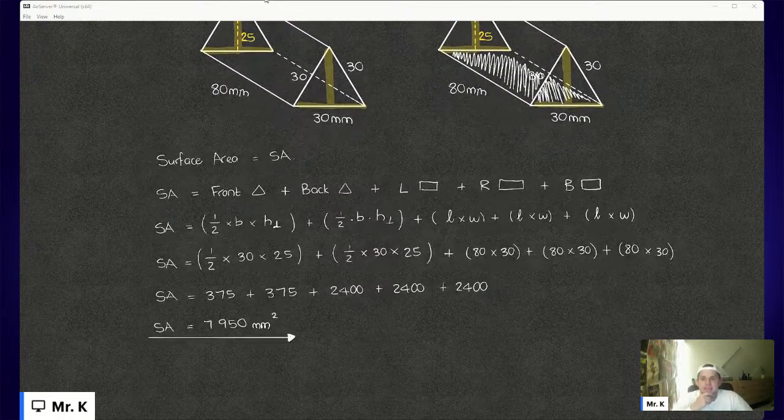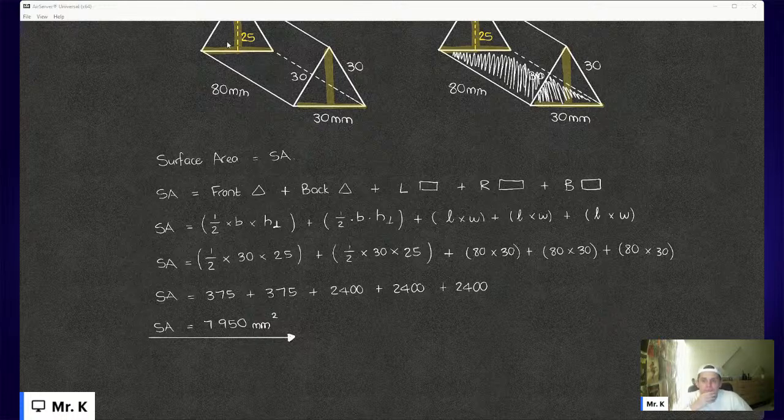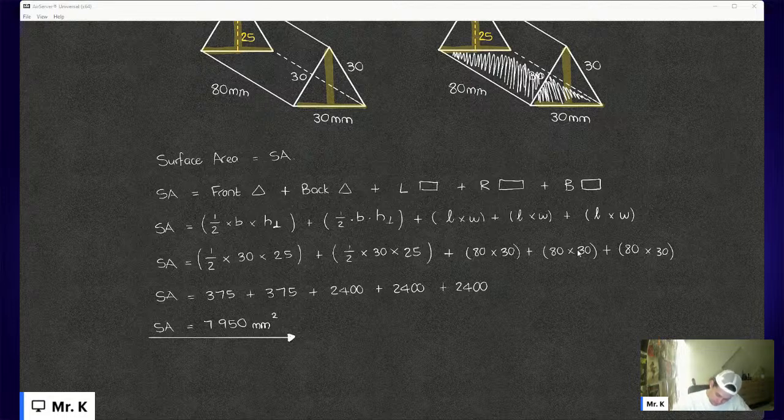So again, guys, this is another way that we go about calculating the surface area of a shape, and this would give you a lot of marks. If I were the one marking this, you would get 1 mark for each of the formulas that you used.